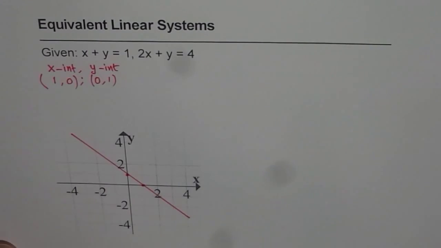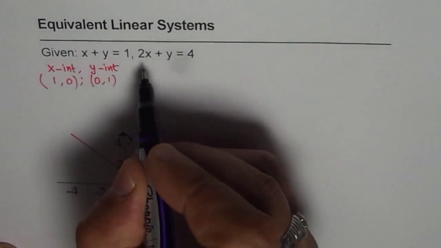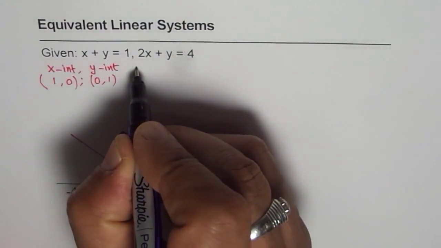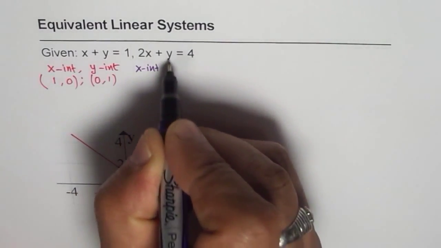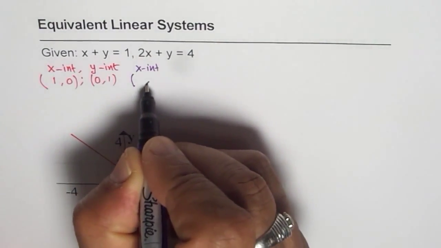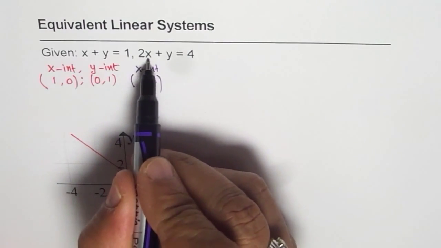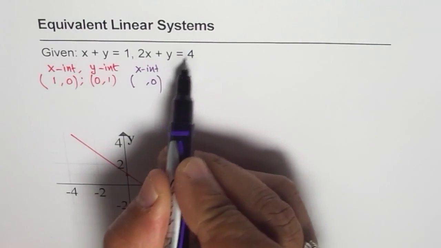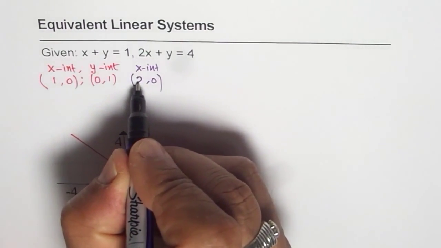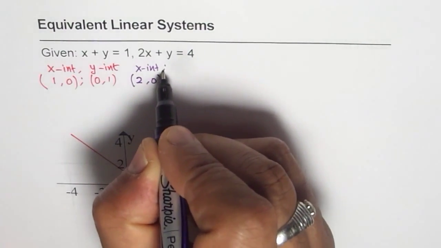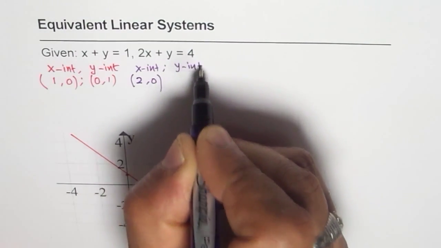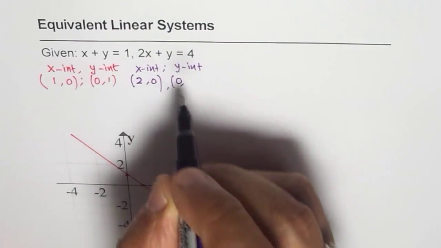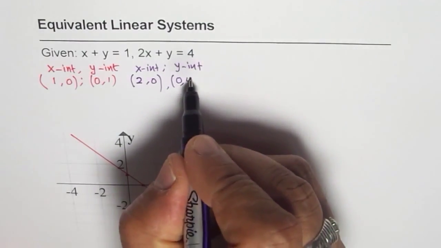Now let's look into the second one. What is the x-intercept here? For the x-intercept, I have to place y as 0, right? So if I write y as 0, I get 2x equals 4. x will be 4 divided by 2, that is to say x is 2. Now the y-intercept will be when x equals 0, then y equals 4, correct?